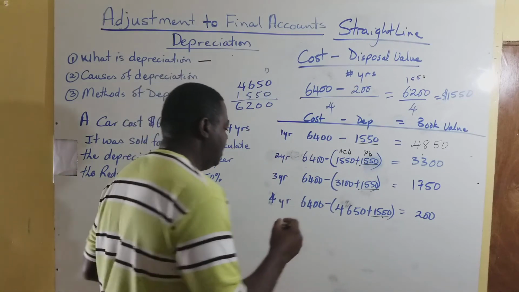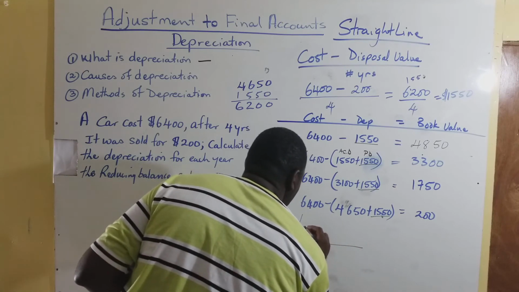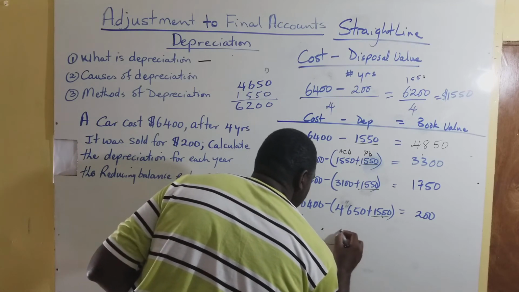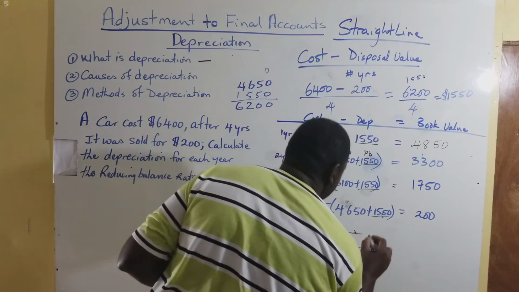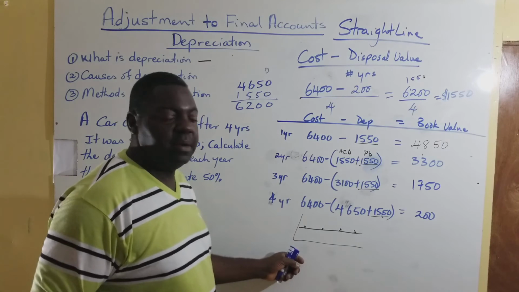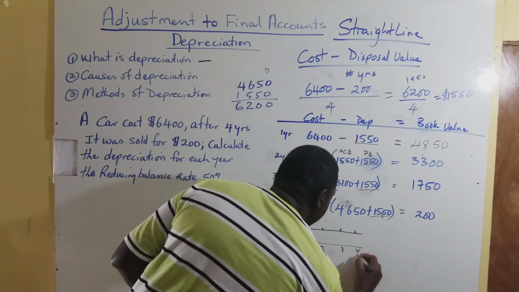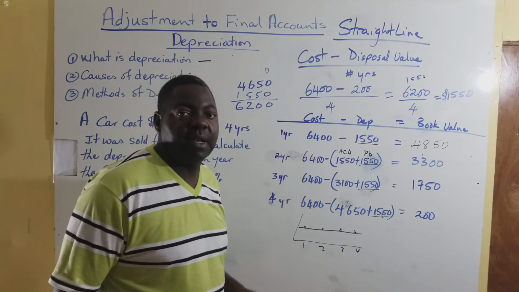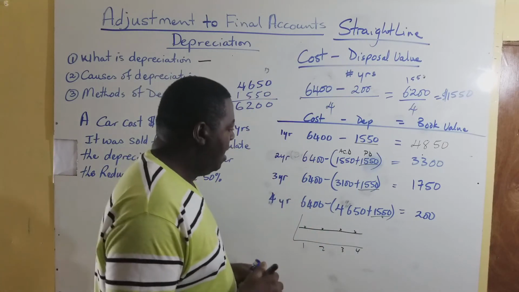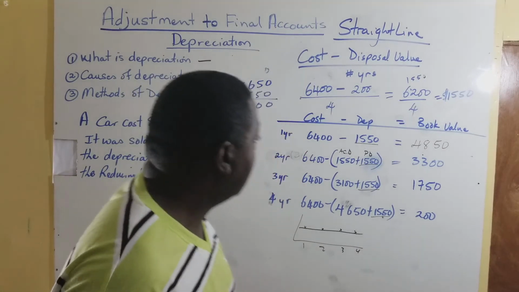If you plot that into a graph, it will come out year 1, year 2, year 3, year 4. That is why I refer to it as a straight line method, because if you plot the depreciation over each of the years, it will end up with a straight line. Hence it is referred to as the straight line method. So this is the straight line method calculation.